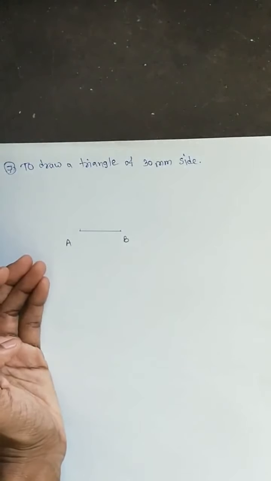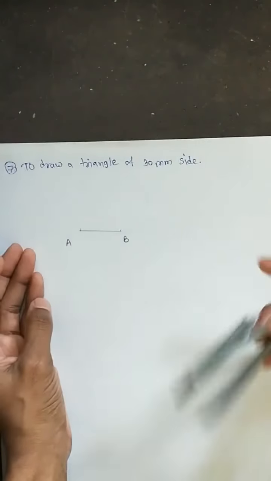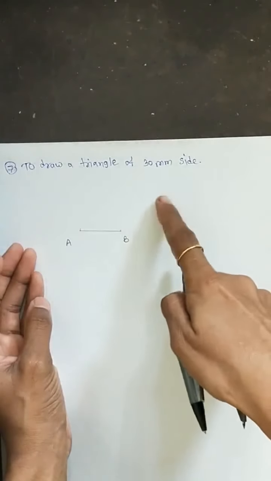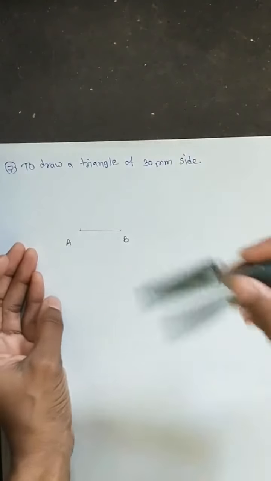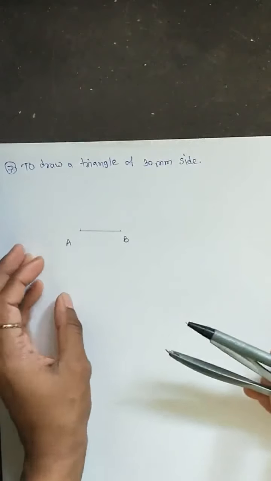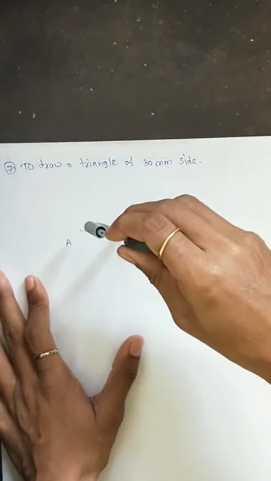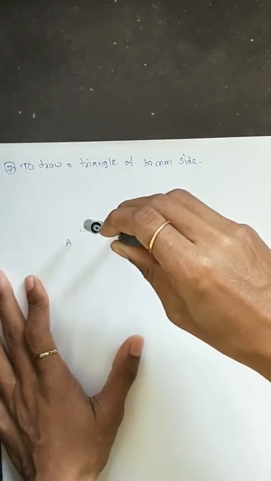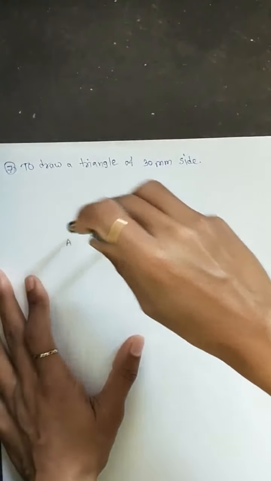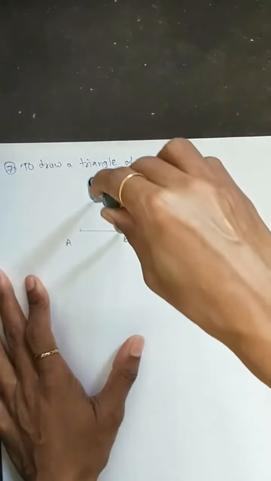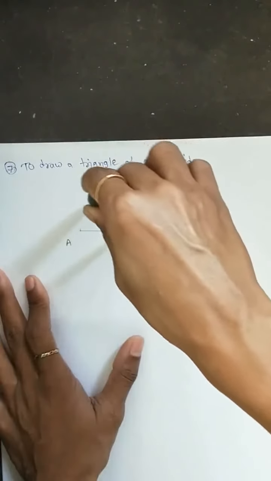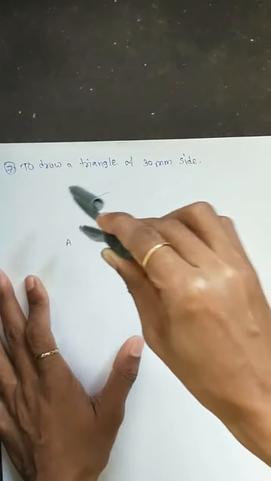Then, 30 mm side is given, so it is an equilateral triangle. Equilateral means all sides are of same length. So take 30 mm distance in your rounder and center point as point A and B, and draw an arc. So B center point we have done.